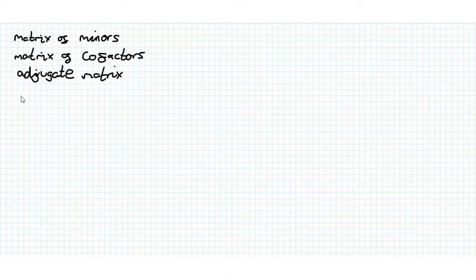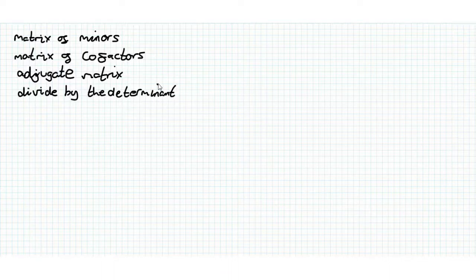And then we divide by the determinant, and that's dividing by the determinant of the original matrix. Okay, so we're going to cut that off.